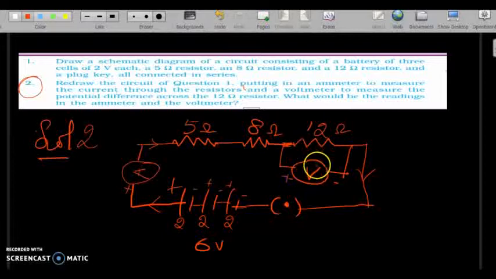This is a parallel connection of the 12 ohm resistor with the voltmeter. So children, this is the condition.